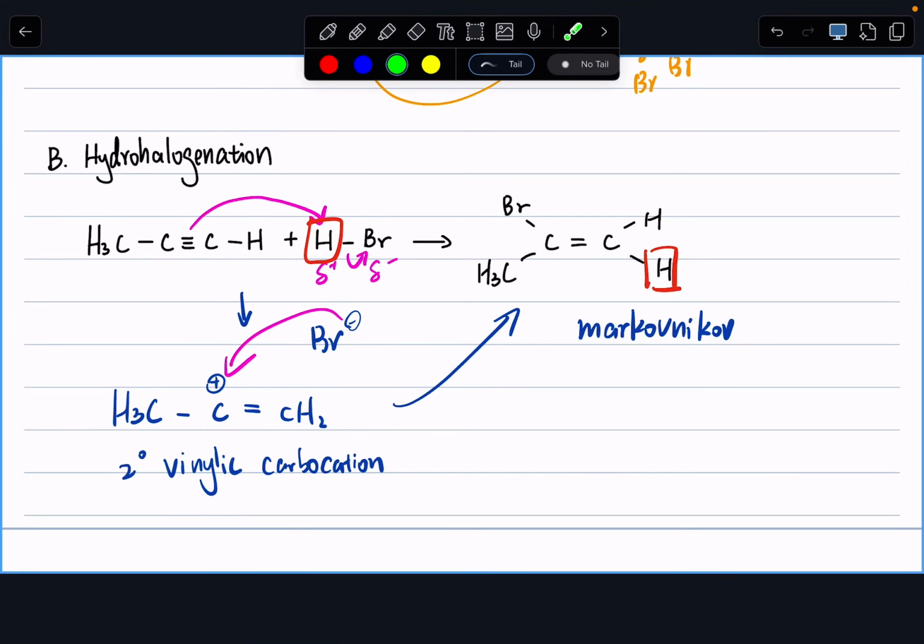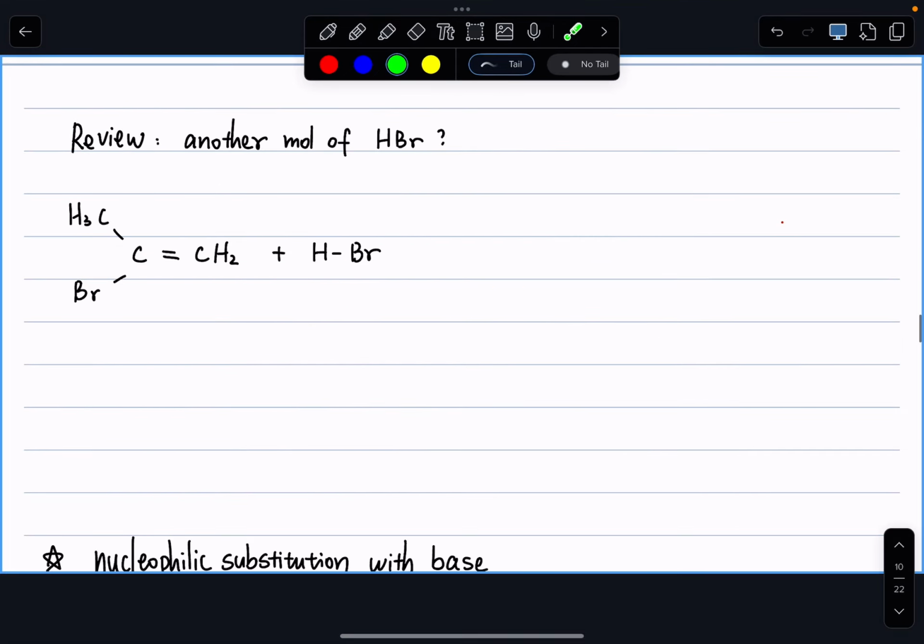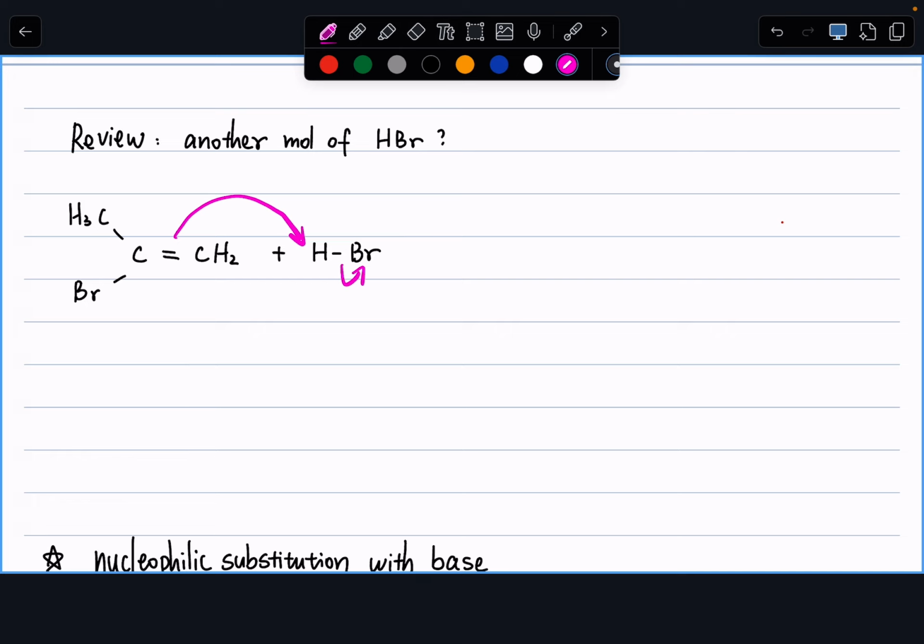Right, just one reaction. And then the next reaction is if we add one more HBr, or excess of HBr, what's going to happen? So this is going to be a review, right? The alkene is attacking the hydrogen, pushing the electron onto the bromine, and we are forming the more stable tertiary carbocation.